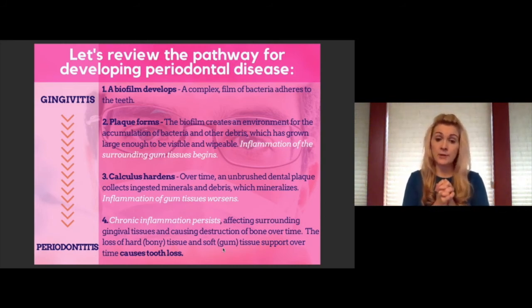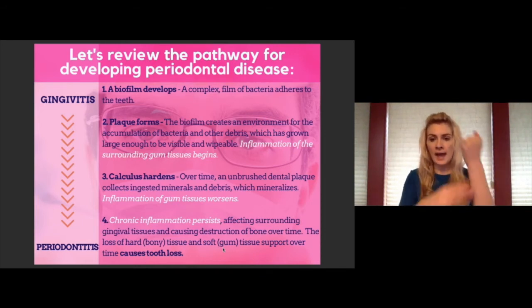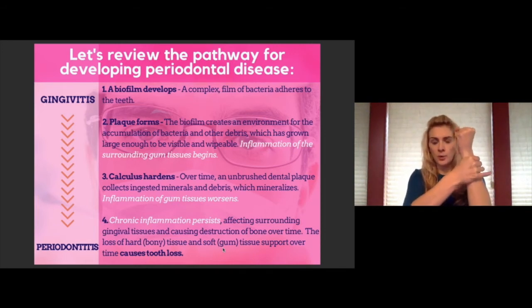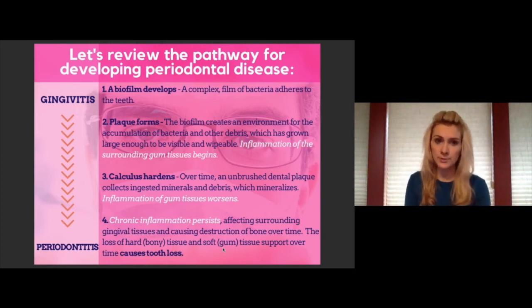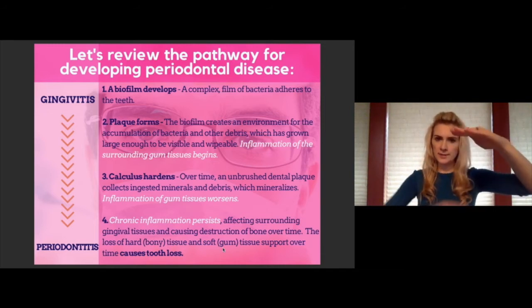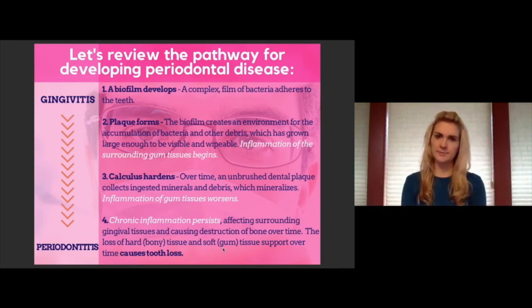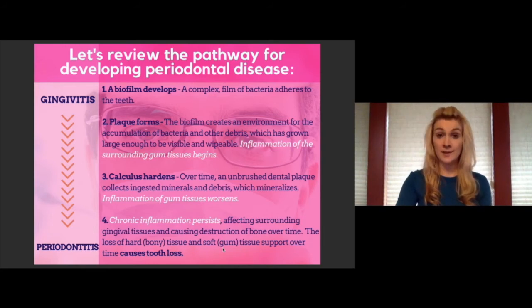And it affects the surrounding tissues. It can cause destruction of the bone over time, and that's what causes the strong supporting bone to grow away from the teeth slowly with time, which can actually cause the tooth to become ultimately loose. So as you can see, this is a spectrum from gingivitis to periodontitis, and intervention is key.